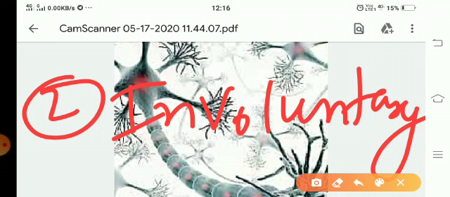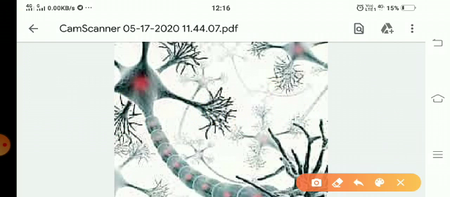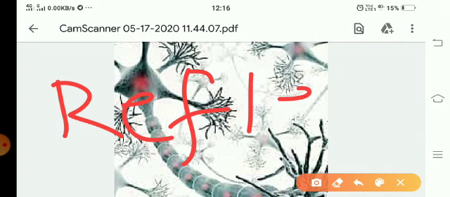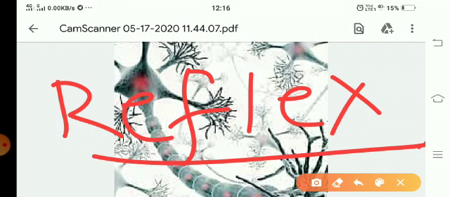The next action related to involuntary actions is reflex action. This is an important action. What is reflex action?